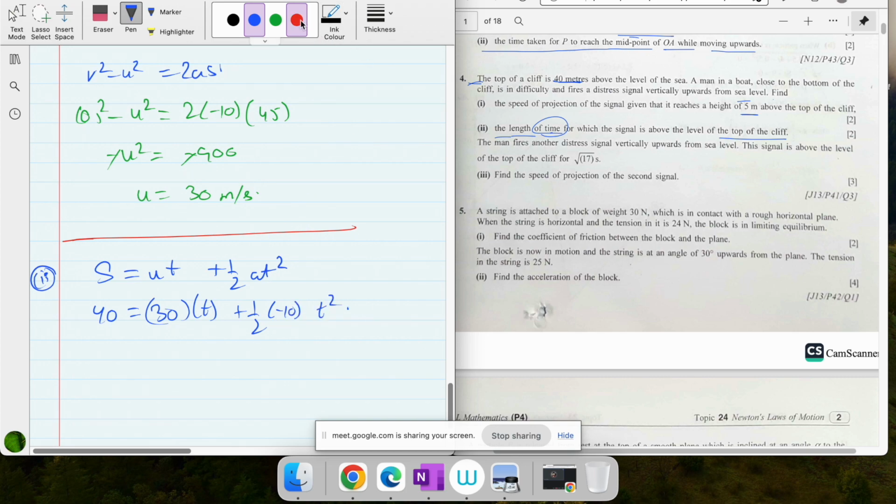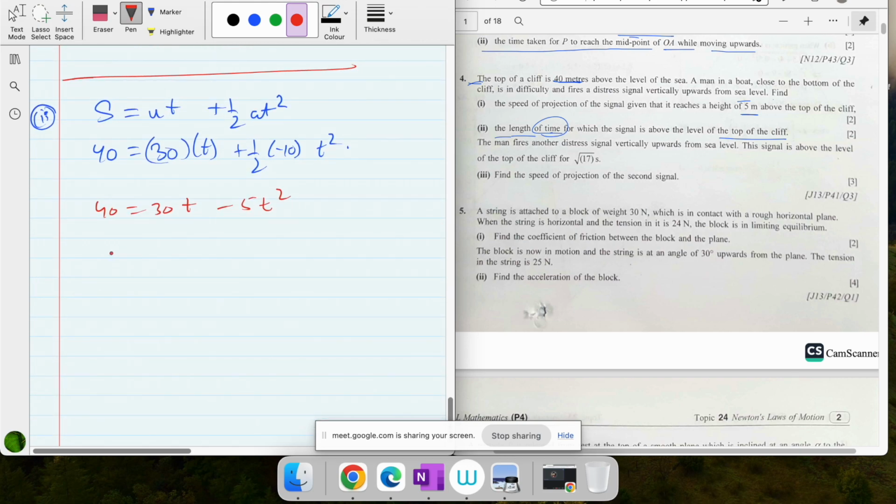So we can find two of these times. Simplifying the equation, 40 is equal to 30t minus 5t squared, rearranging, 5t squared minus 30t plus 40 is equal to 0, dividing the whole equation by 5, t squared minus 6t plus 8 is equal to 0.